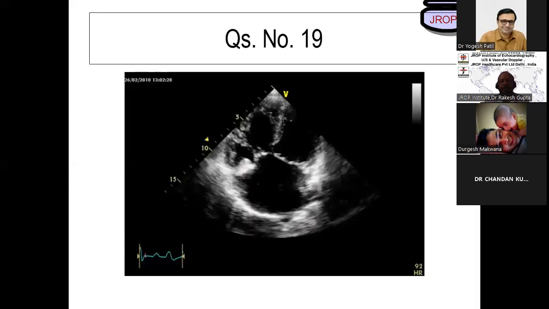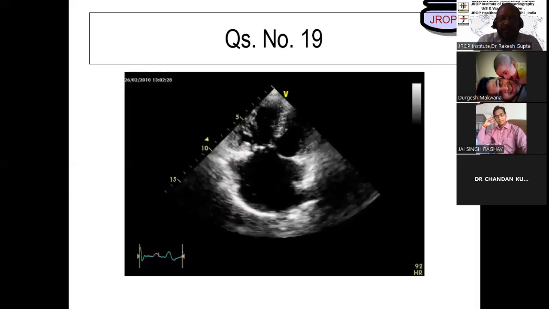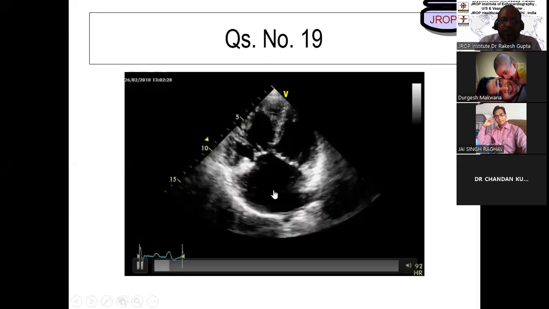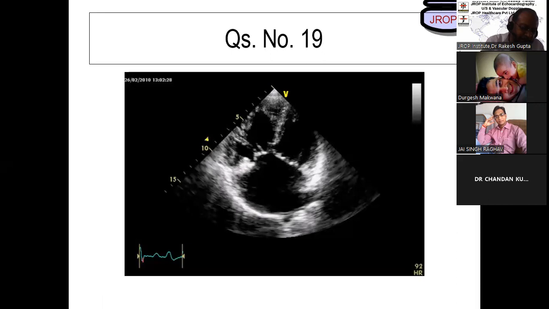This is known as common AV canal defect. Yes, sir, you are close by. There's no atrium, this is a common atrium. Here is a ventricular septal defect, and there's one valve over here, a second valve over here. This is the morphological right ventricle. This is the morphological left ventricle. So this is known as common AV canal defect, or we call it endocardial cushion defect. Yes, sir. Good job.